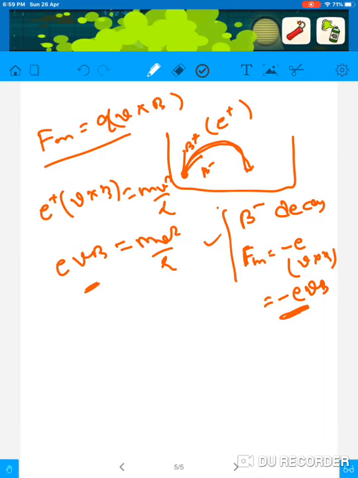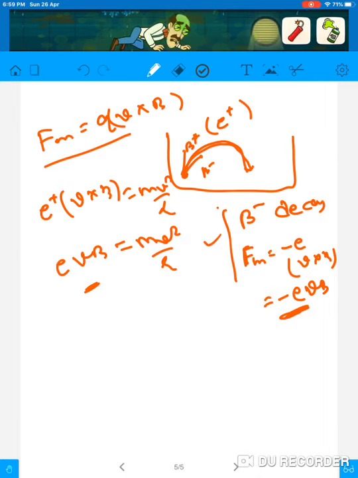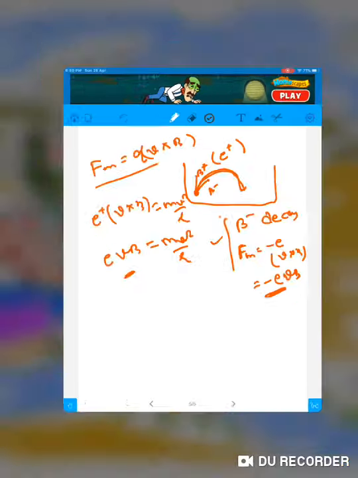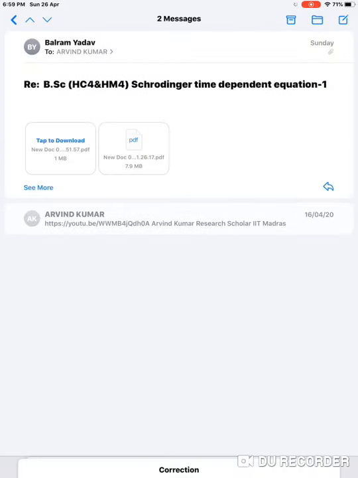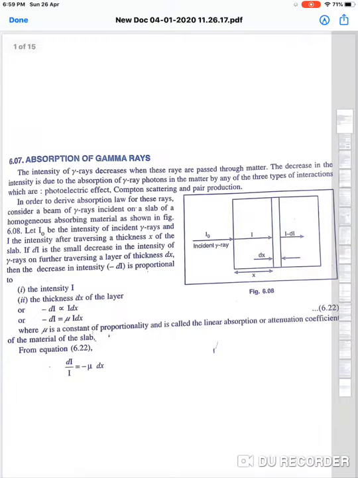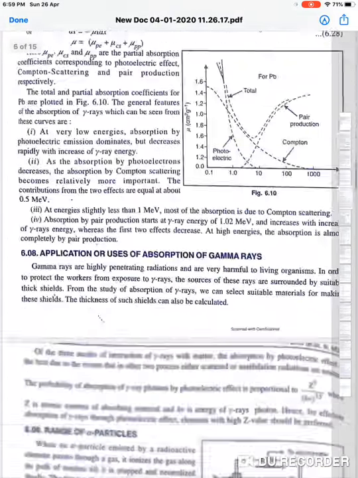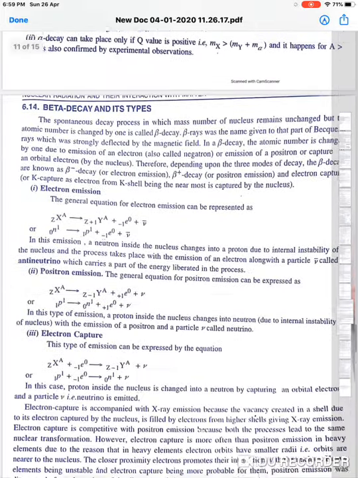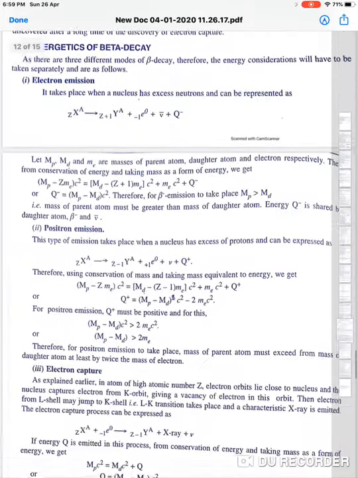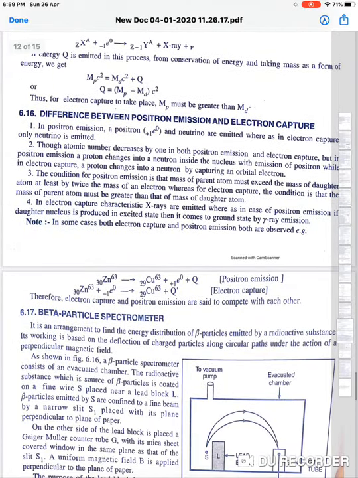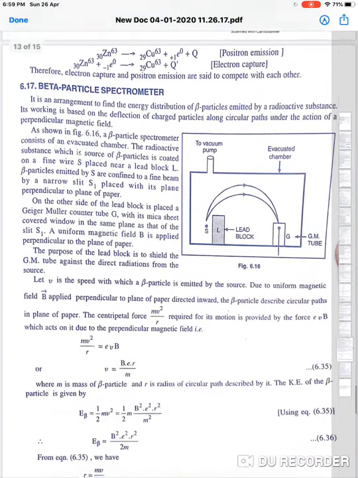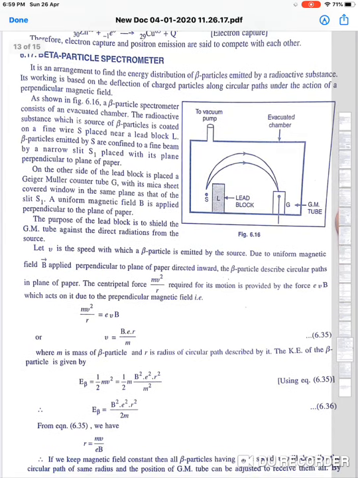Now this is also known as the beta spectrometer. According to your books, this is the beta particle spectrometer.